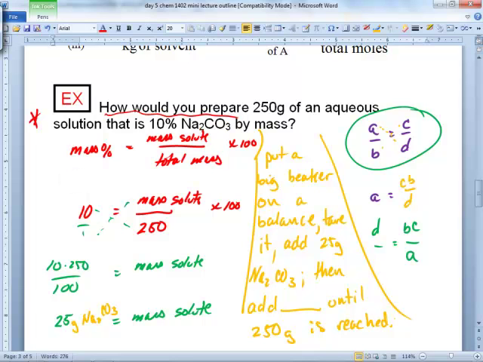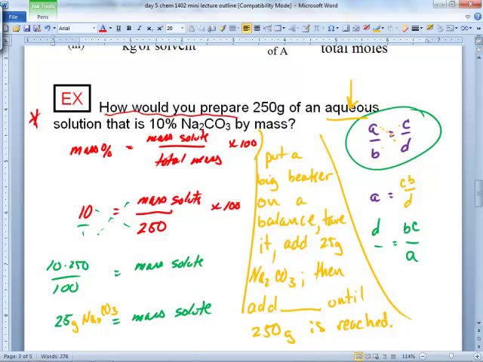Brandy, add what? There's only one word in there that gives you the hint. Aqueous.